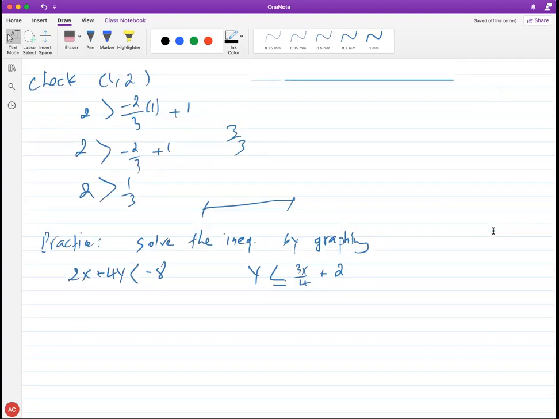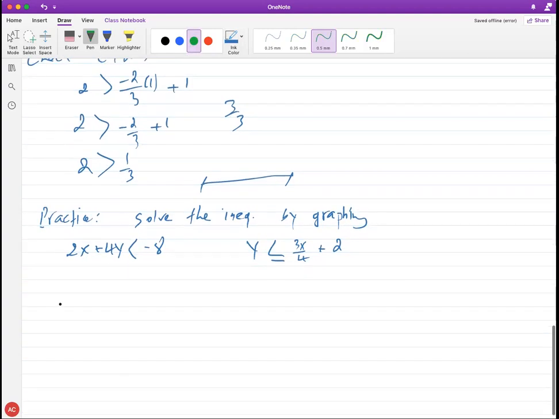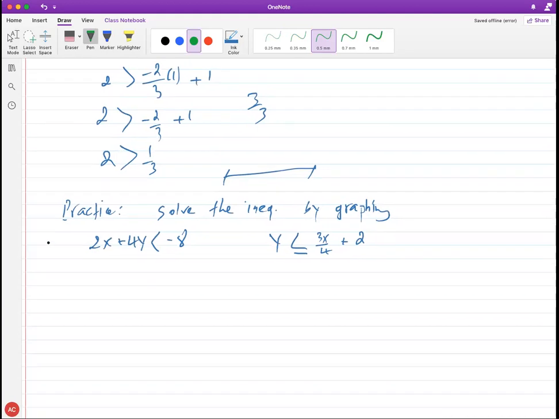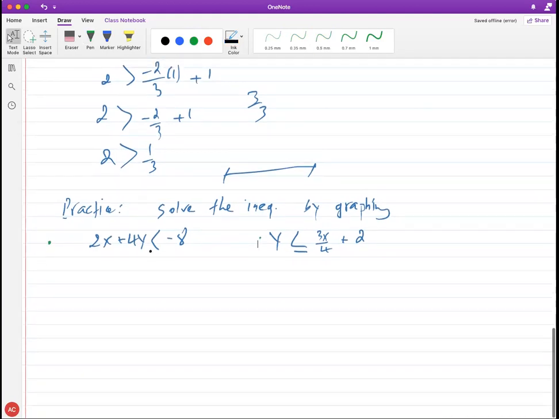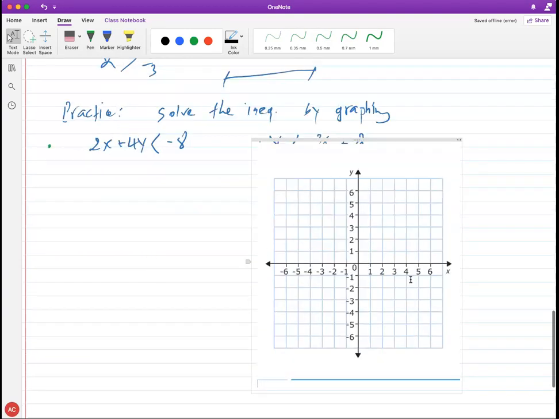Everybody, let's go over these two problems together. All right, what did you get for this one? What do we need to do first here? How do we graph this line here? First one.